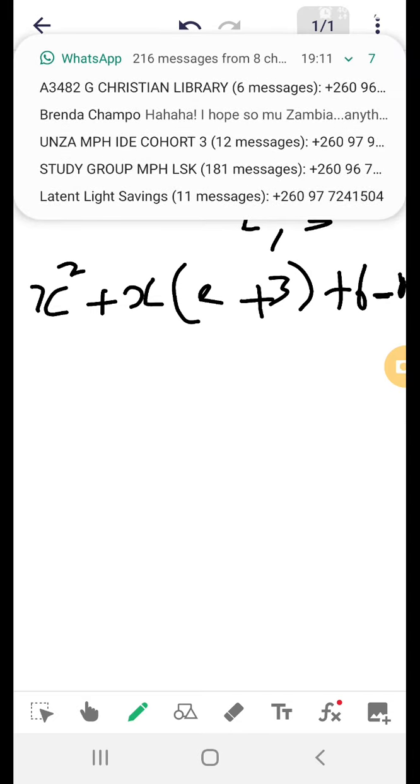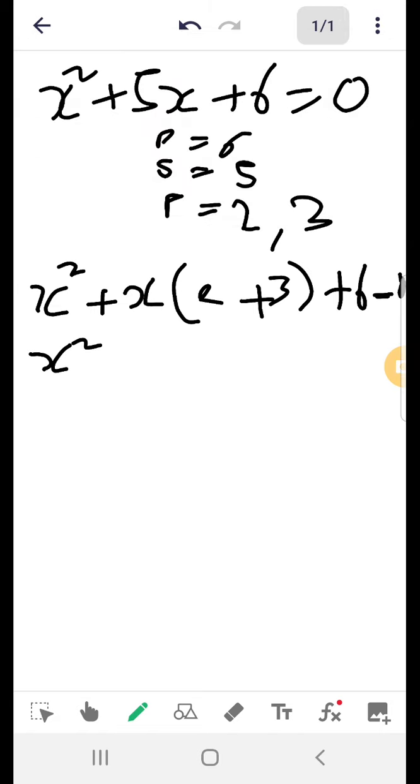Here it's going to be x squared plus, x times 2 is going to give you 2x. You open the brackets: x times 2 gives 2x, plus x times 3 gives 3x, plus 6 equals 0.